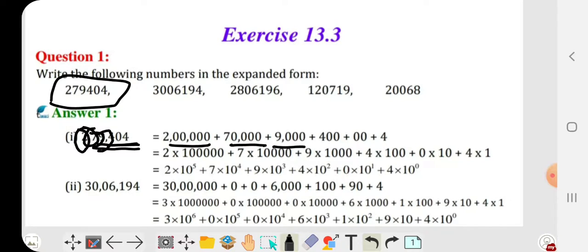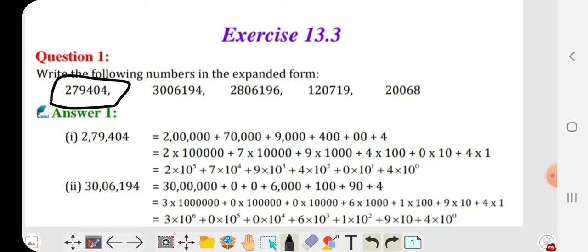After 4 there are 2 digits, so we have written 400. Now it is 0. We can simply write 0 or double 0 because after this also there is 1 digit. Now 4 is single. Nothing is there after that. So we have written only 4. I hope this is clear to you now.